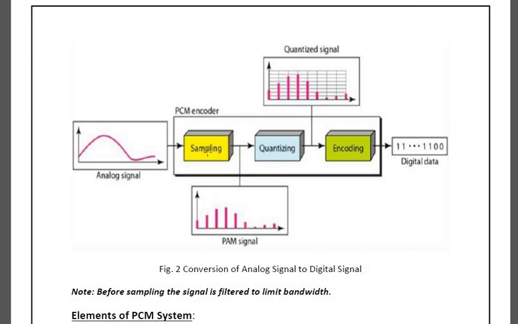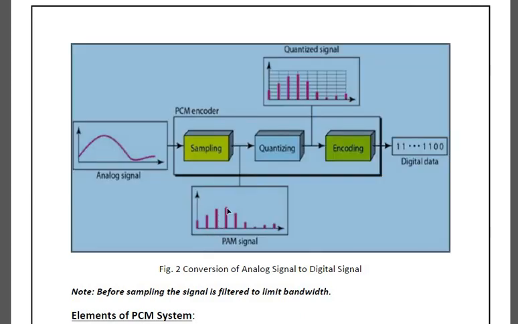This incoming message signal is sampled with a train of narrow rectangular pulses. This is your analog signal, and it will be converted into a train of narrow rectangular pulses.